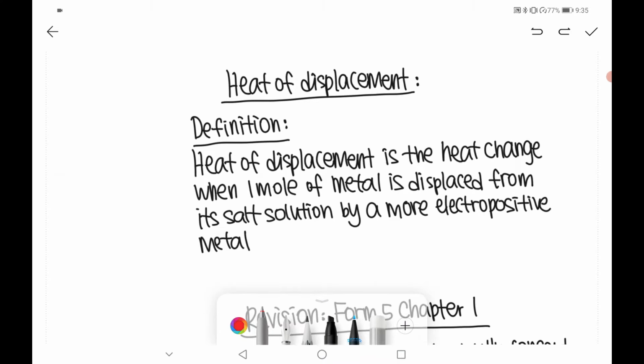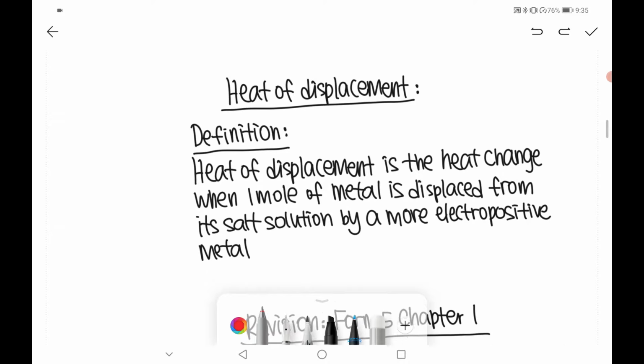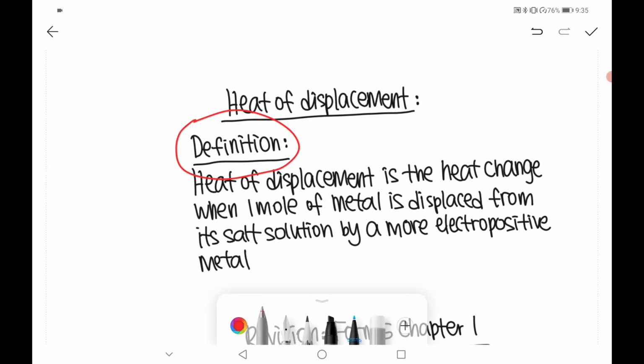So what is heat of displacement? What is the definition? Definition means the meaning. Heat of displacement is the heat change when 1 mole of metal is displaced from its salt solution by a more electropositive metal.